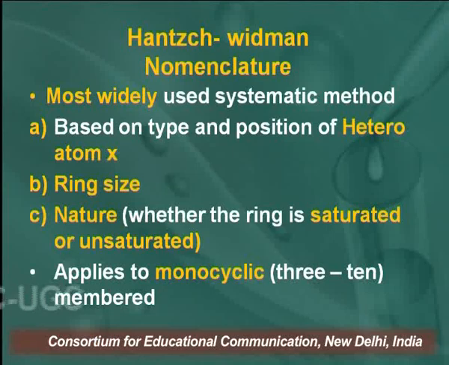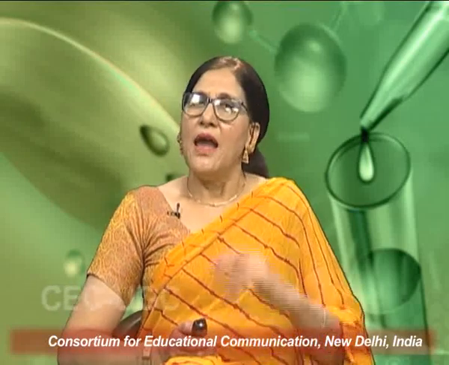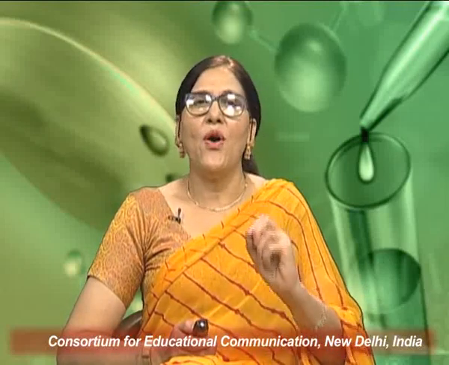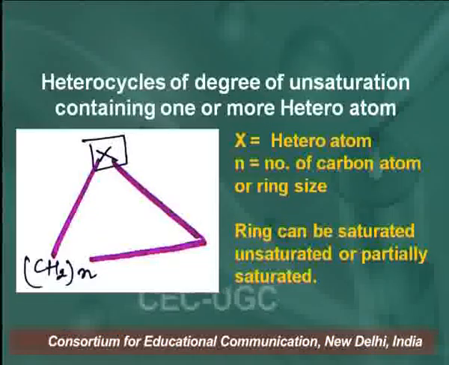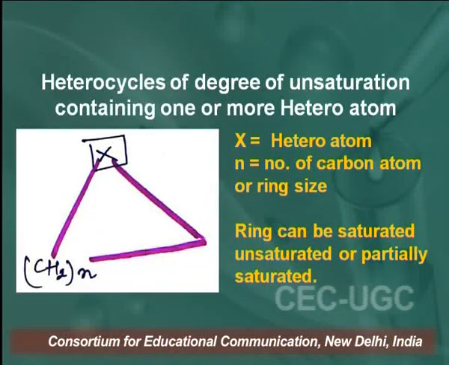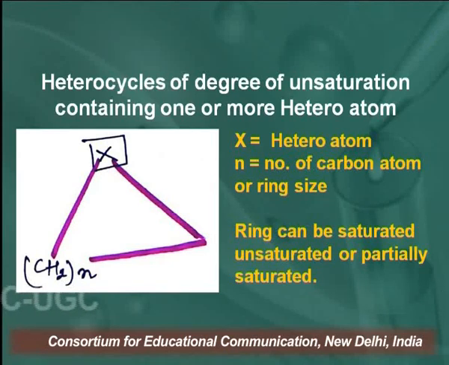So, in this lecture, I will tell you the important rules which are based on the Hantzsch-Widman method. Heterocyclic compounds or heterocycles of any degree of unsaturation contain one or more heteroatoms. In the structure, I have represented here X. X is a heteroatom, so that heteroatom can be any atom other than the carbon atom, right?